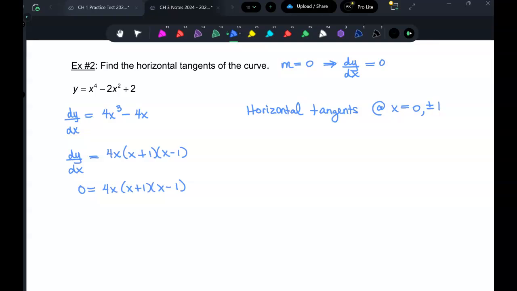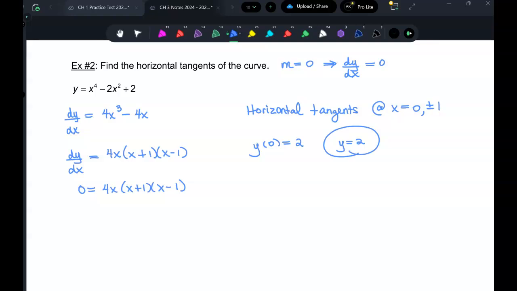The horizontal tangent. I found out where the horizontal tangents are, but if we're actually finding the horizontal tangents, that would be a y equals. So how would we find the equations of the tangent lines? Plug it back in. If I plug in 0, y equals 2 is one horizontal tangent.